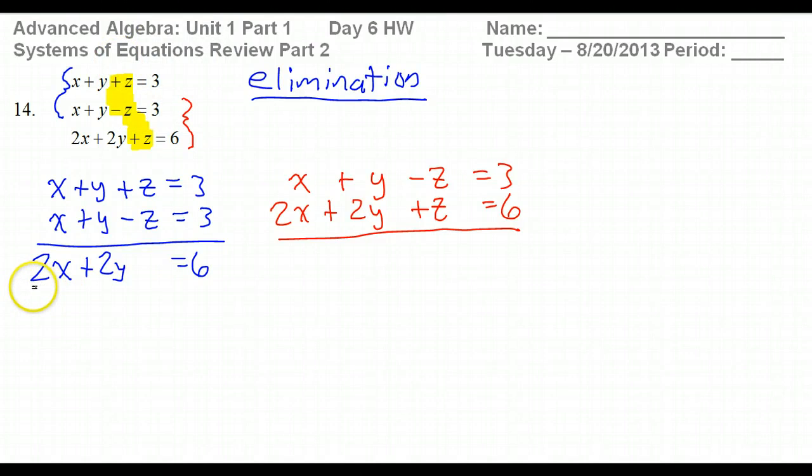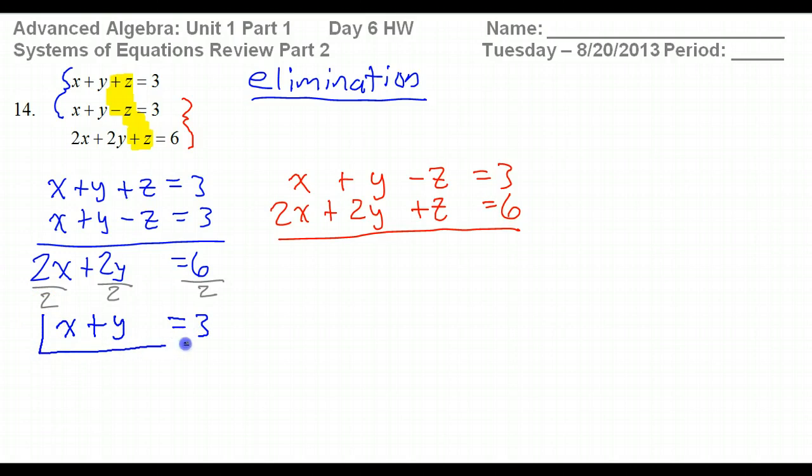So let's go ahead and divide everything by 2. That's going to give me x plus y is equal to 3. So this is the blue equation that I will save for later.